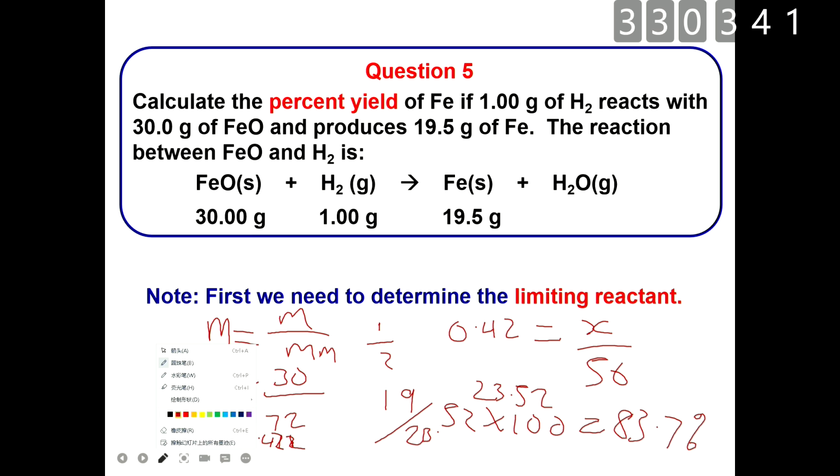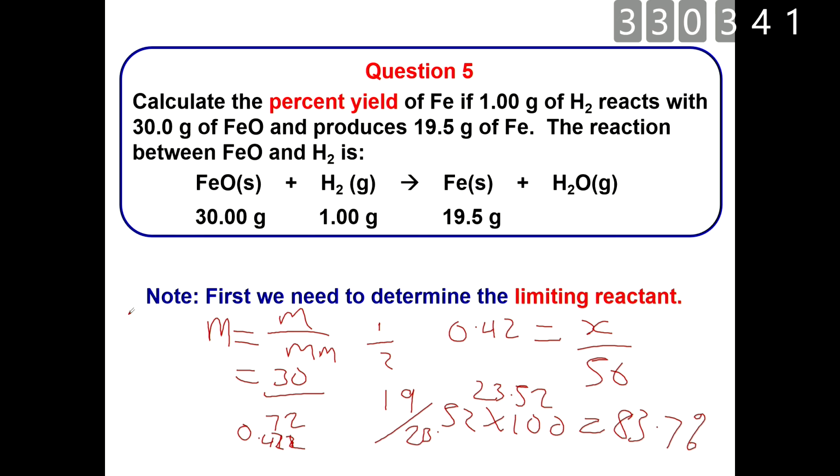So should I wrap up? You guys understood? The first step, you have to find the number of moles for both sides in order to get the limiting reactant. Then after getting the limiting reactant, you see the ratio of moles. It's 1 to 1. So you find the theoretical mass.